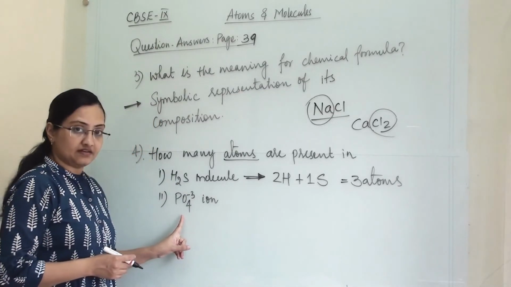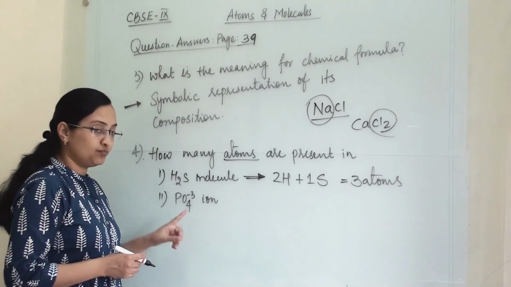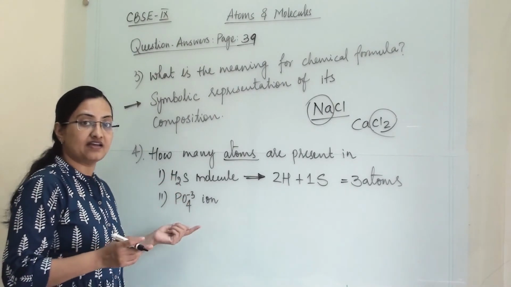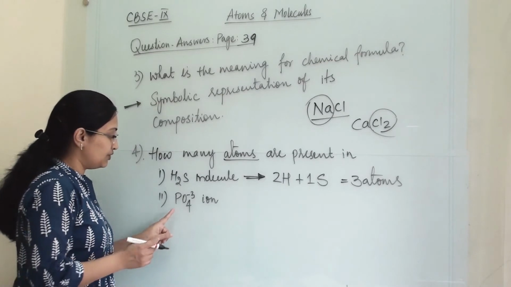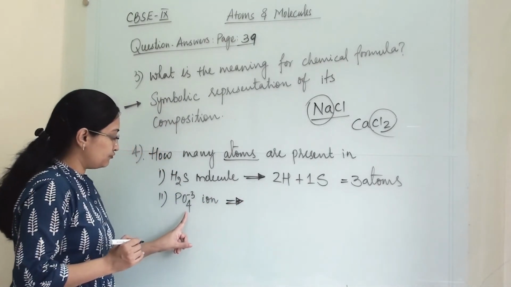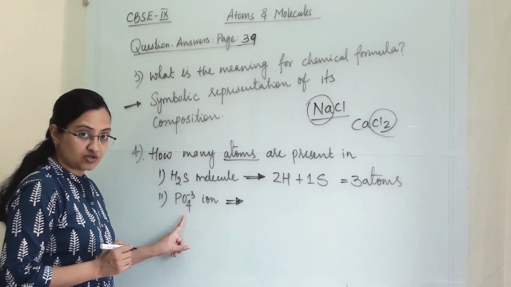Then this is a polyatomic ion. Polyatomic means the ion has more than 1 atom. This polyatomic ion is PO4 with a charge of minus 3. This is the phosphate ion.